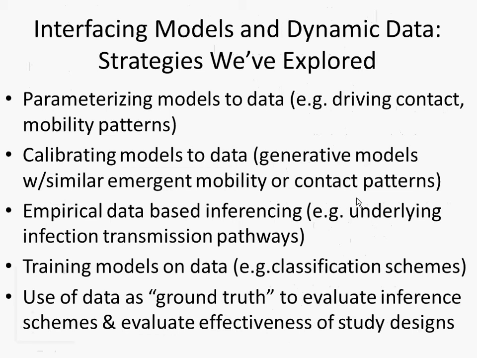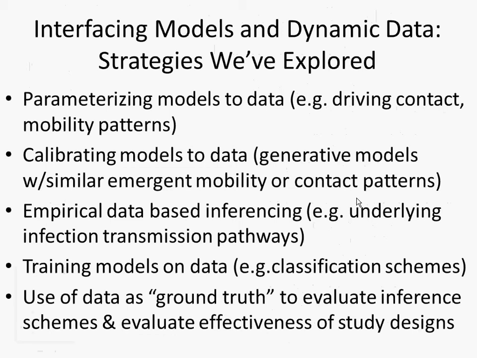During the flu pandemic of 2009, 2010, we had people carrying devices that recorded contacts at a granularity of about a minute in length. You can feed those into models to actually drive the network, a dynamic connection network within the models. Another thing we can do is drive mobility patterns in the models. We can have the models replicate what was going on in the world. But that's just one way of many.